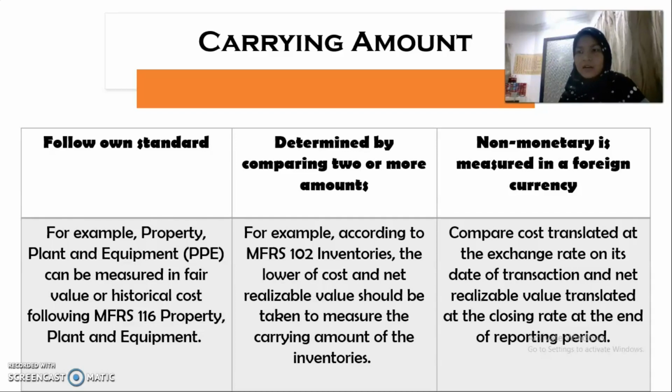This is provided in MFRS 121, but this information has not been used by Panasonic, so I can't really touch on it too much. So this is one of the differences between MFRS 121 and MPERS Section 30.